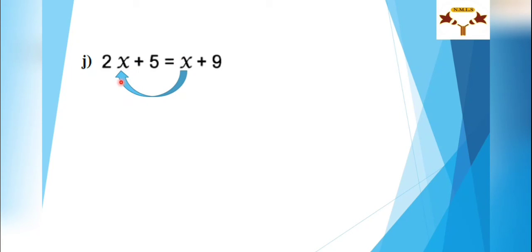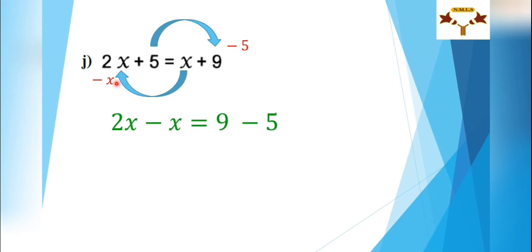So first, the x will move away from the 2x. The x will go to the other side, and of course it will change its sign. The positive x will go to the other side as negative x. What about the 5? The 5 also will leave its place and go to the other side as minus 5. So my equation now is 2x minus x equal 9 minus 5.